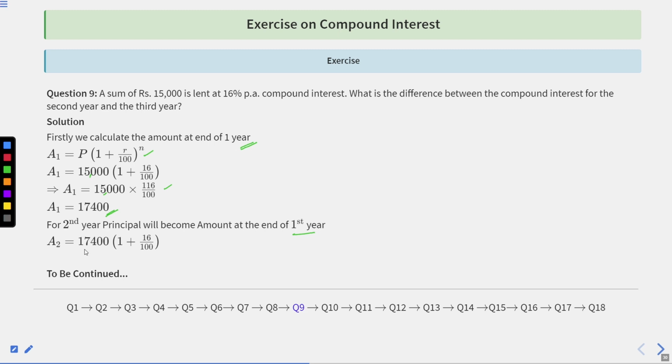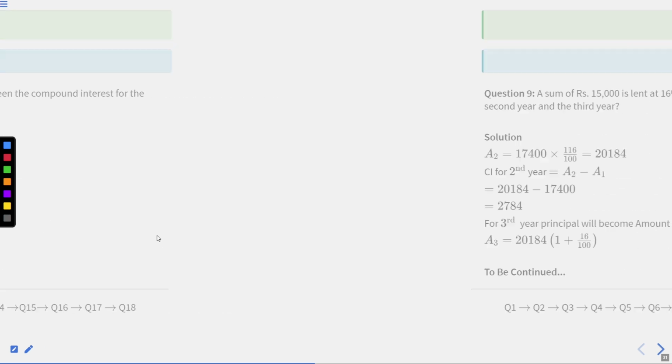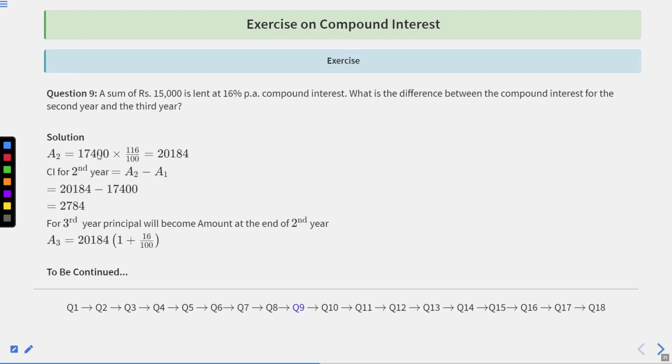So A2 is equal to 17,400 into 1 plus 16 upon 100. So A2 is equal to 17,400 into 116 upon 100, which is 20,184. So the compound interest for the second year will be A2 minus A1. And the A2 is 20,184 and A1 is 17,400, which is 2,784.